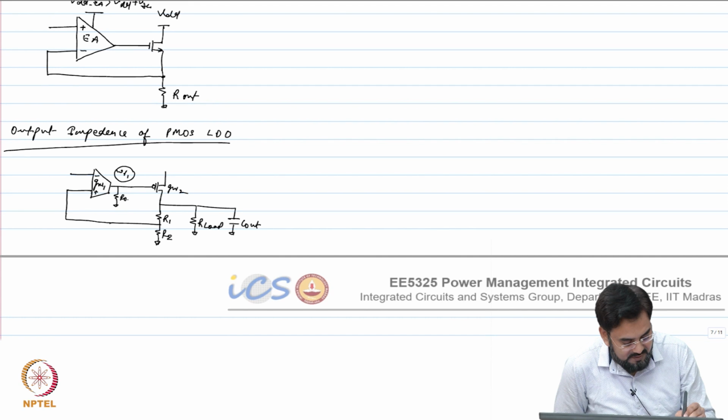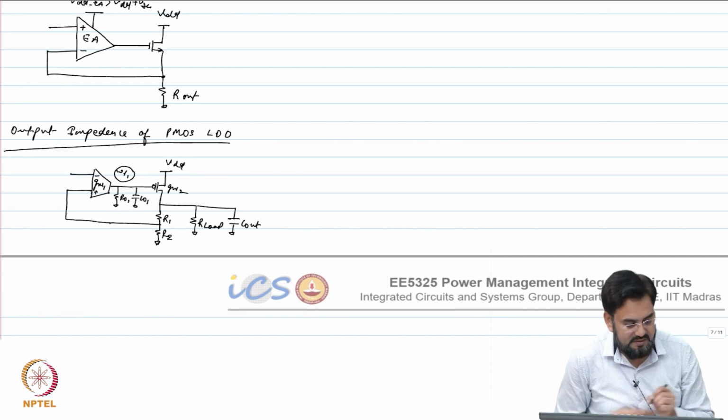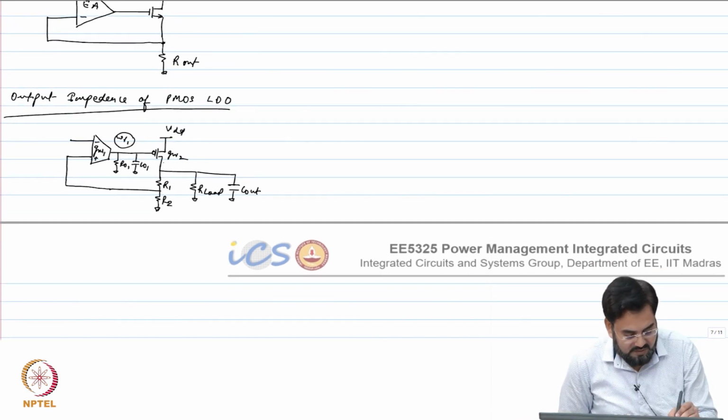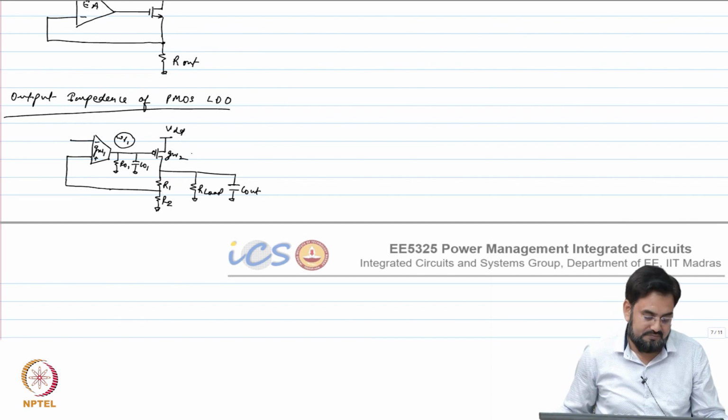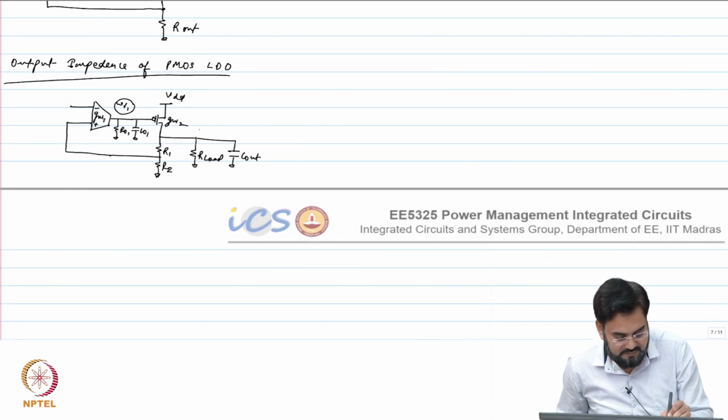You have RO1 and CO1, VDD. And the pole here is omega P2.